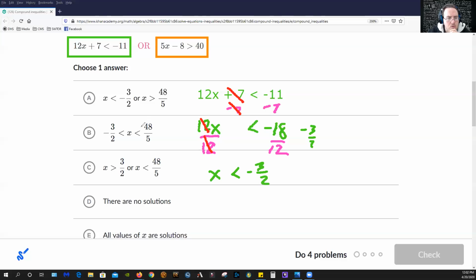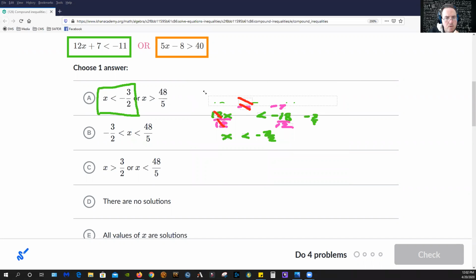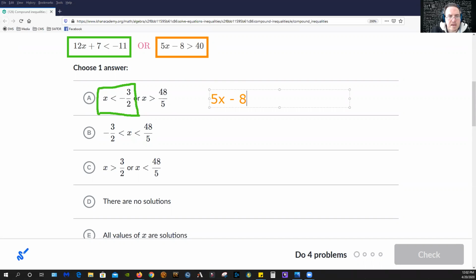Okay, so far I like this. x is less than negative 3 over 2. Now the other one does not shrink very well. All right, the other one is 5x minus 8 is greater than 40.